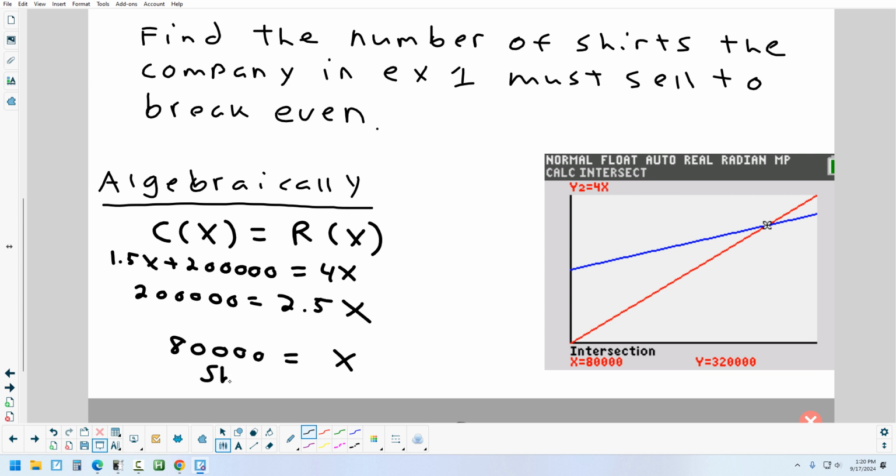And that's 80,000 shirts. So in this case, solving it algebraically or graphically, either one of them really takes a long time. And that's all that was left in that section, 2.2. So any questions on how to find a break-even point, graphically or algebraically?